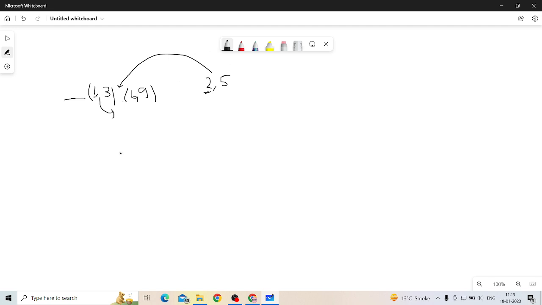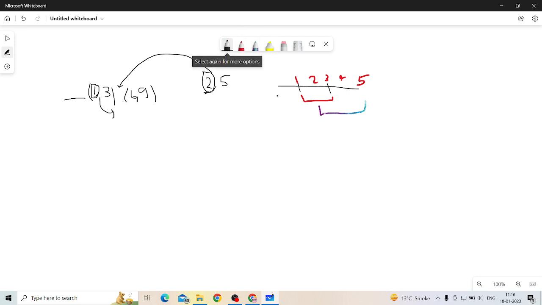Let's say we are having one interval from 1 to 3, and another interval from 2 to 5, on a number line of 1, 2, 3, 4, 5.